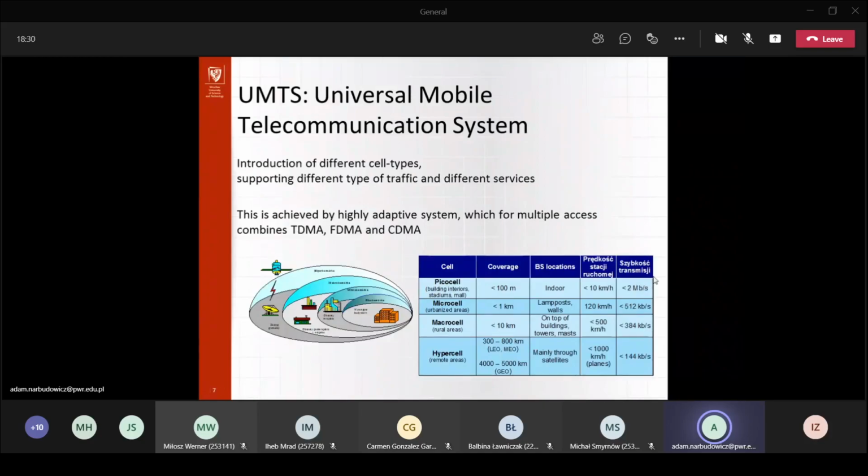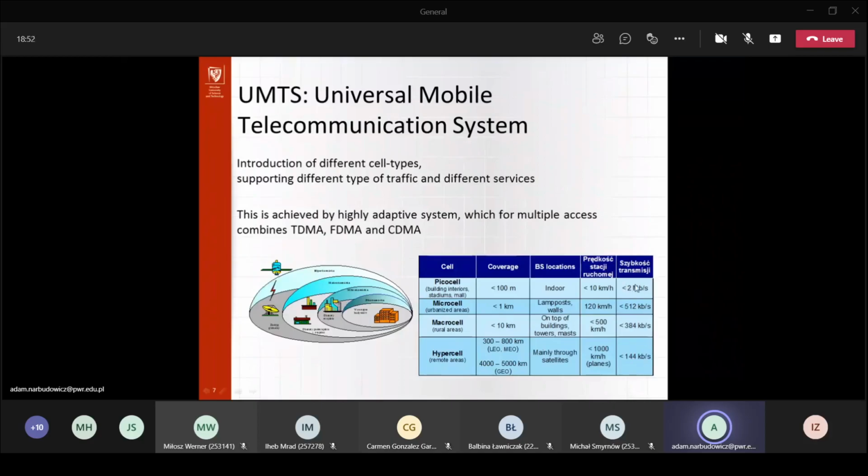Of course, those numbers are from the time when the standard was defined. But the general message here is that for picocells, defining a very small cell allows you to significantly increase the communication throughput.